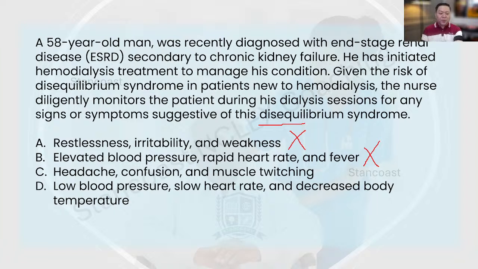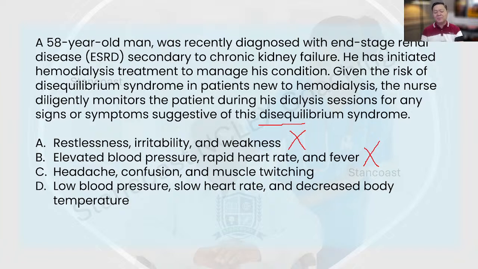Now, our goal here as nurses is to make sure that we are assessing the patient for these specific neuro manifestations, especially during the dialysis session, not just the brand new dialysis patient, so that we can recognize early on and manage the problem.